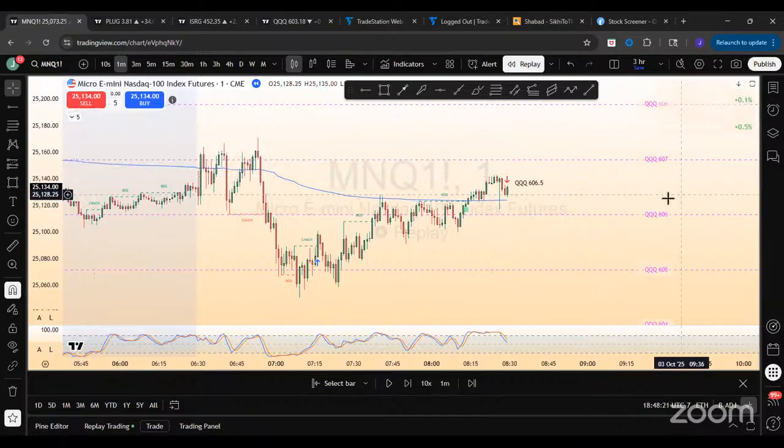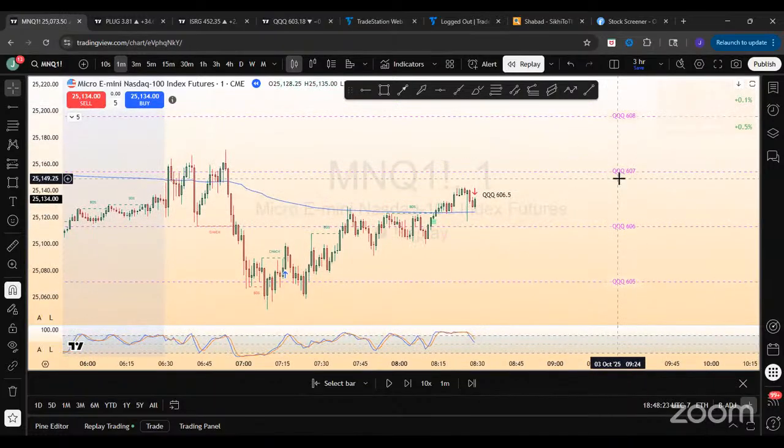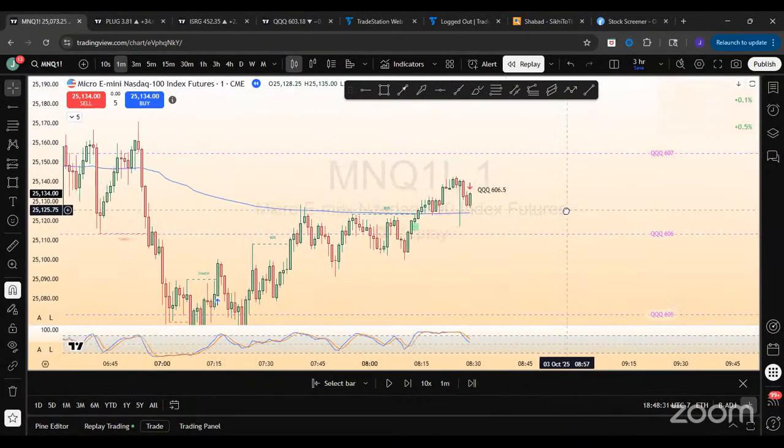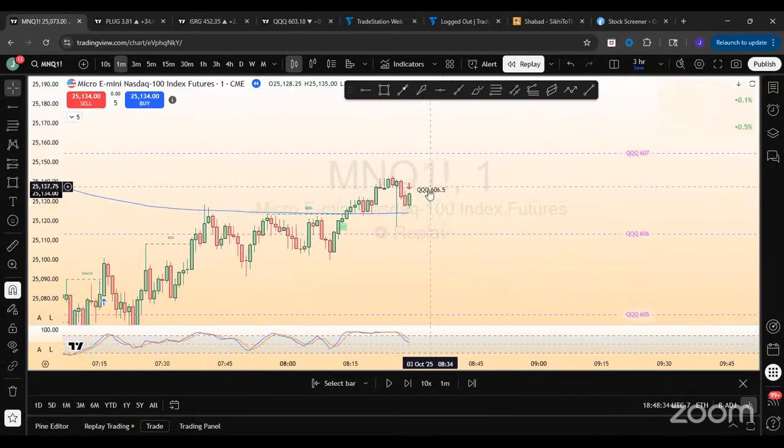So this indicator draws these QQQ levels: QQQ 607, 606, 605. Not only that, on the price it will actually show you the exact QQQ level. So right here, this is QQQ 606.5. Your GEX levels are going to be on the QQQ, not on the MNQ.